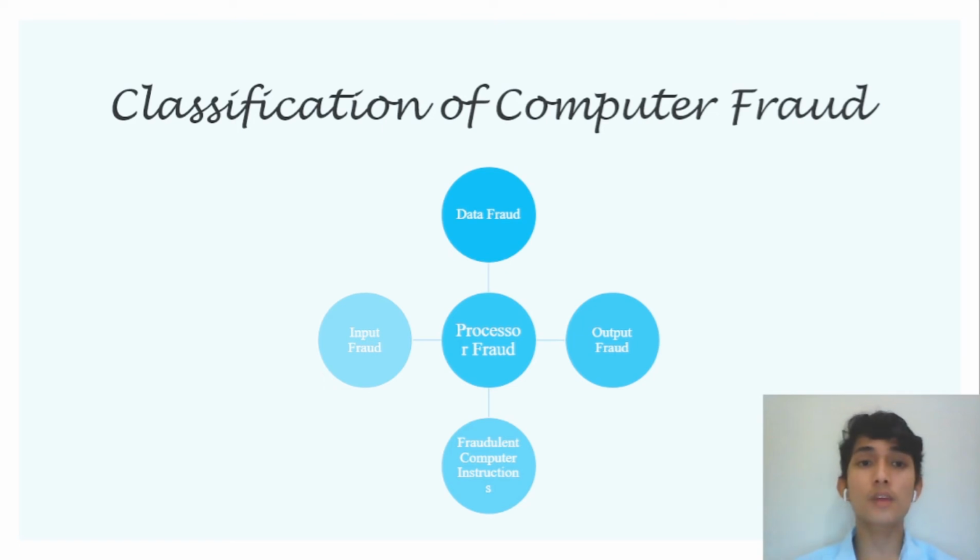Then fraudulent computer instruction: damaging corporate software, copying software illegally, using software in an unauthorized way, and developing software for unauthorized activity. Data fraud is illegally using, copying, searching, or integrating company data. And the last one is output fraud. Output files or printouts can be stolen, copied, or misused by someone.